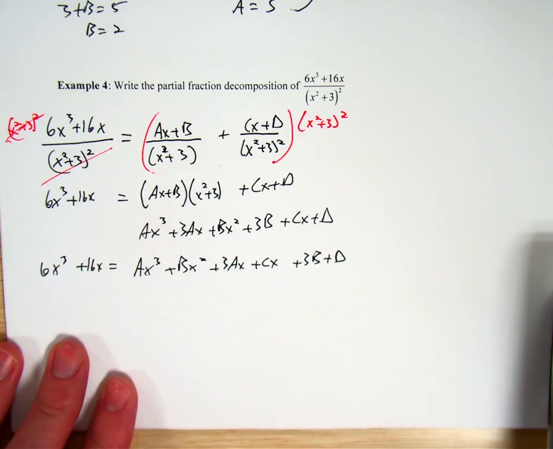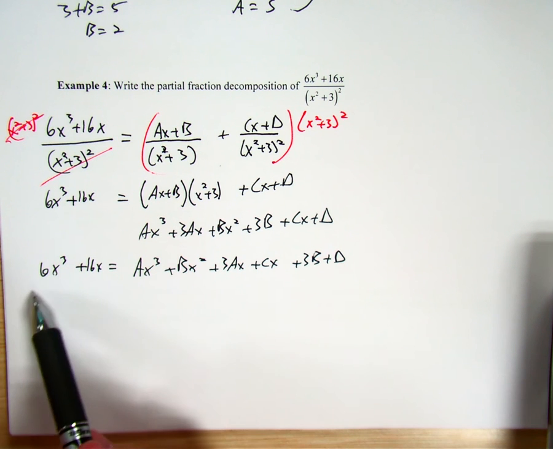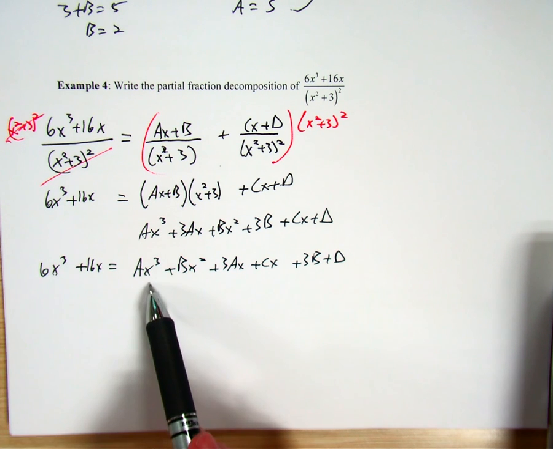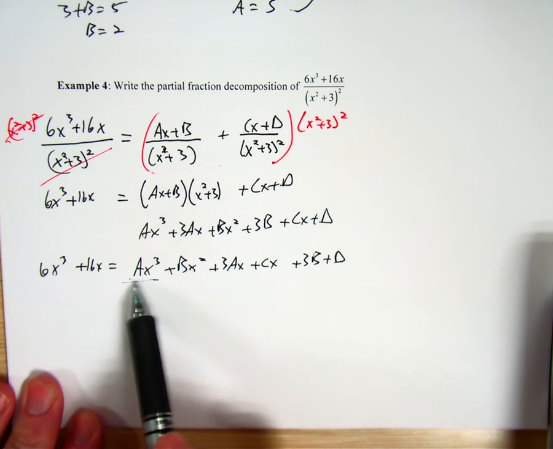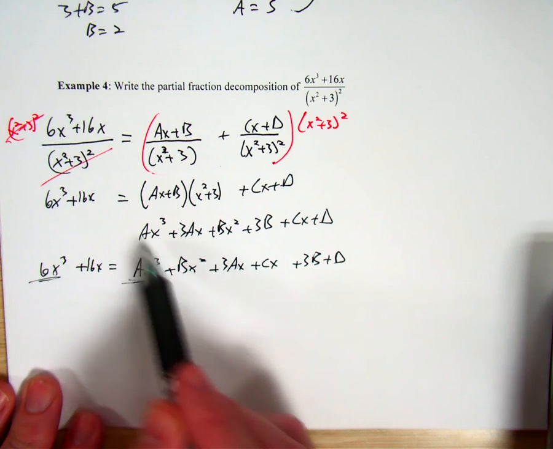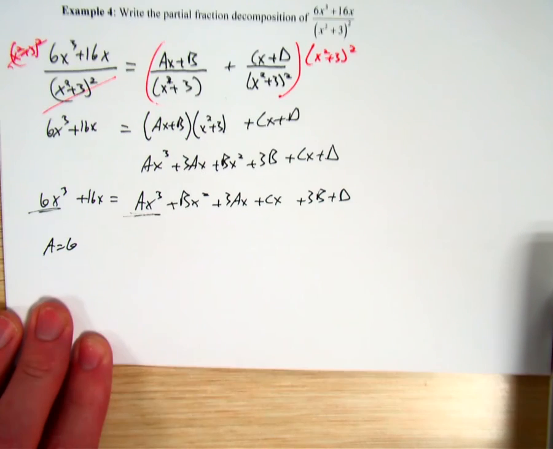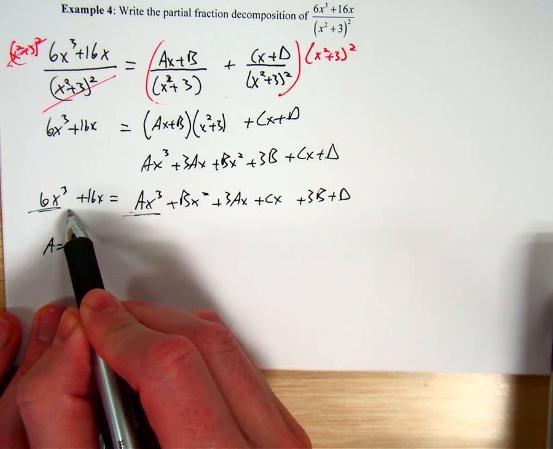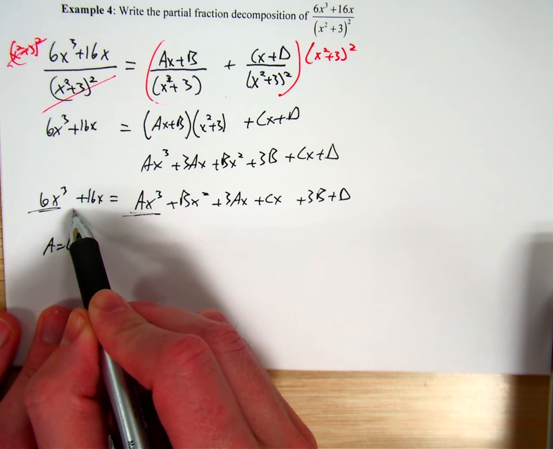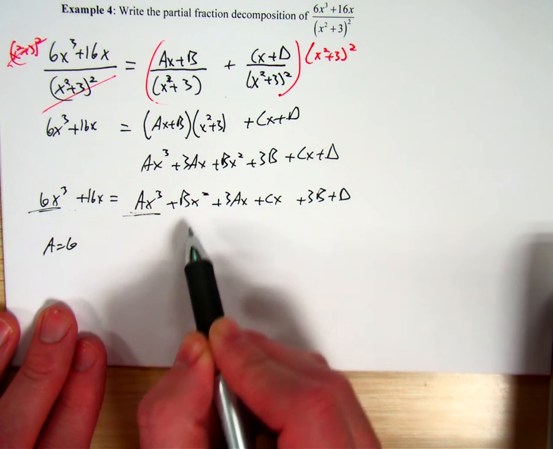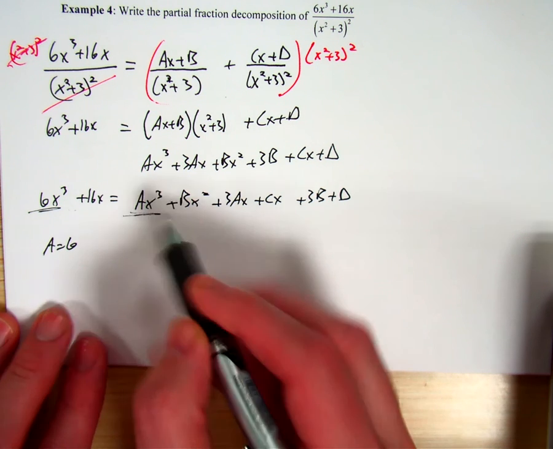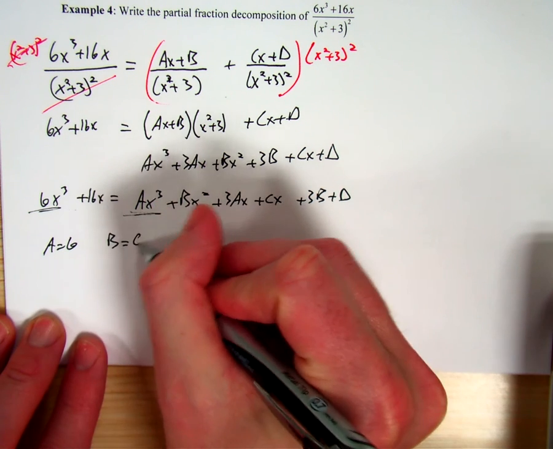All right, let's take a look. 6x cubed, ax cubed. Ta-da! That's the only x cubed, so it has to match. A equals 6. X squareds, do you see an x squared over here? Nope. 0x squareds over here. So B has to be 0.